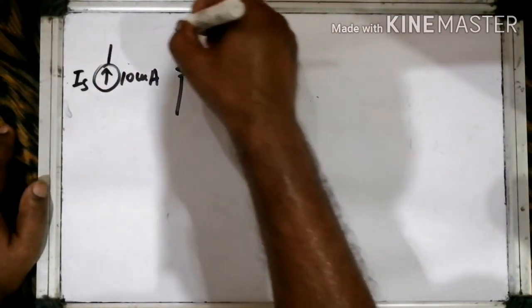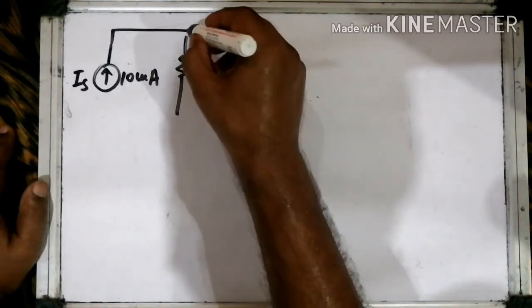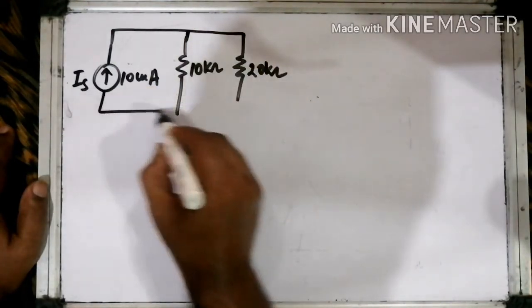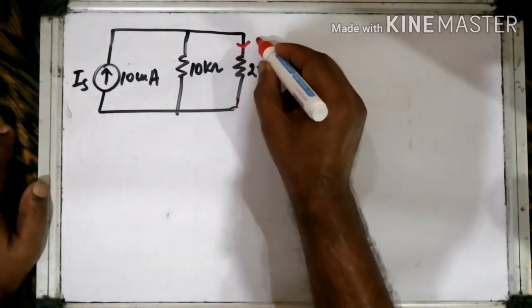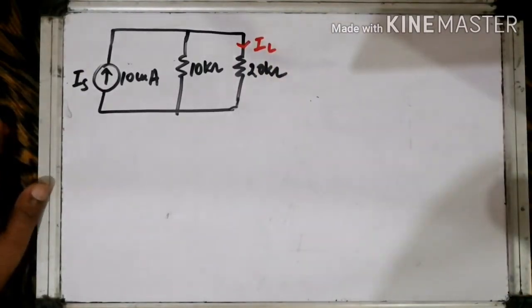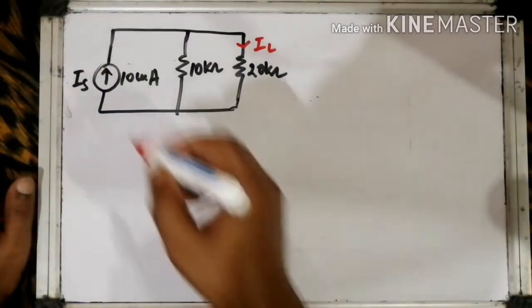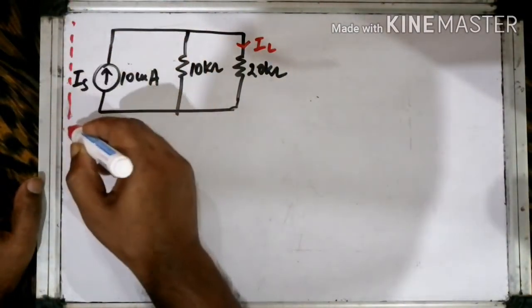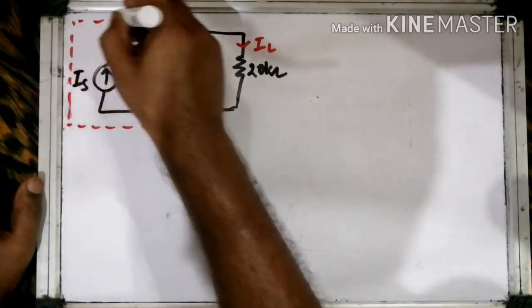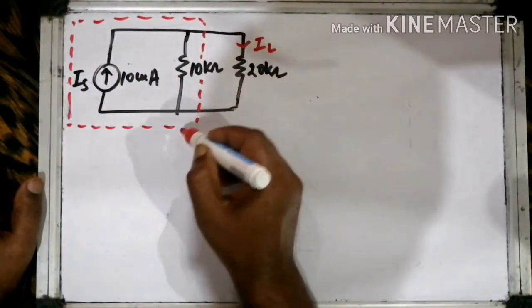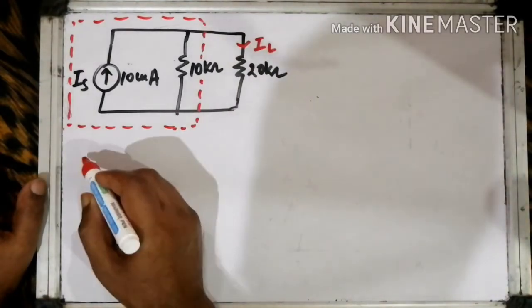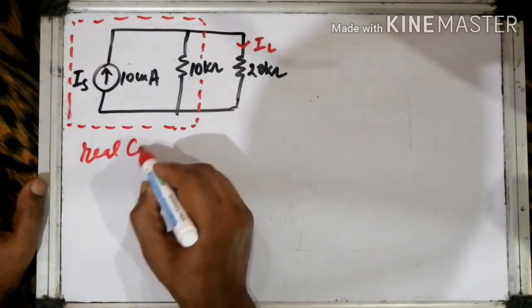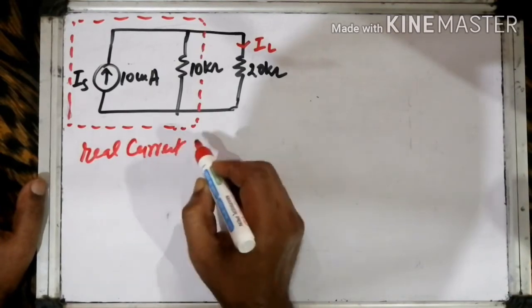Our task is to calculate the current in 20 kilo ohm resistor by converting this real current source into an equivalent voltage source. This one is real current source.